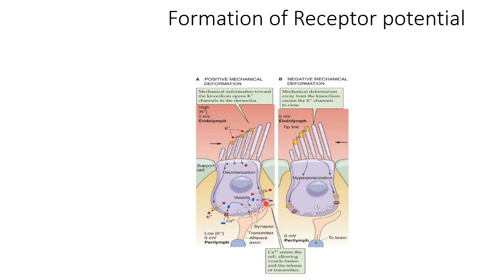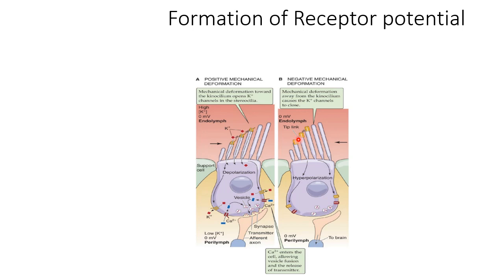Now the opposite happens when the longer hair cells move towards the shorter hair cells. Because the stretch is lost, the tip links get relaxed or loose.